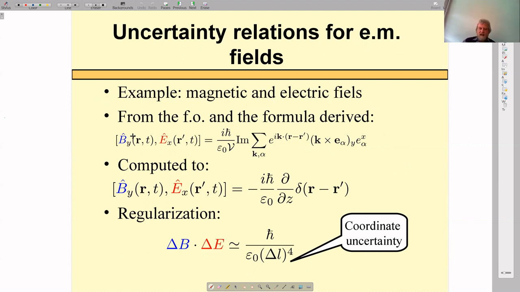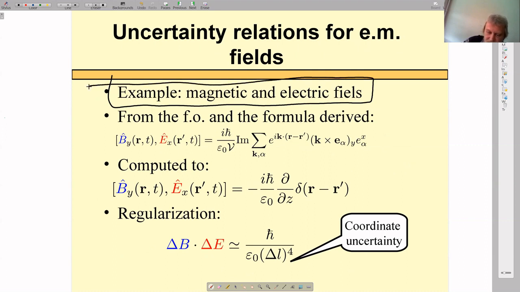So, as an example, we will look at uncertainty relations for electromagnetic fields. Let's take as an example magnetic and electric fields. For uncertainty, we can use the formulas which we obtained in the previous slide.